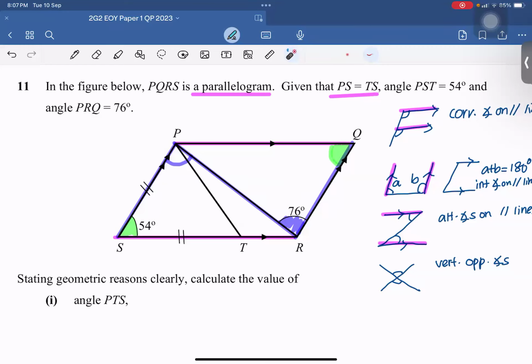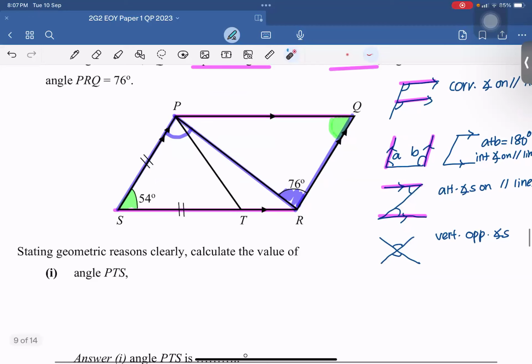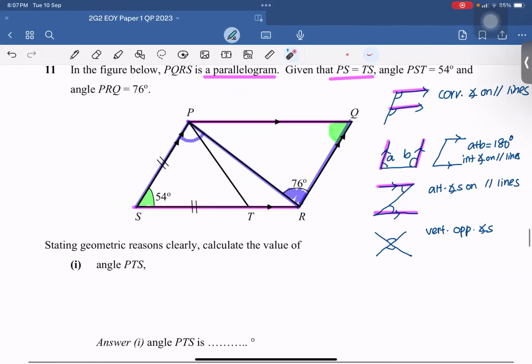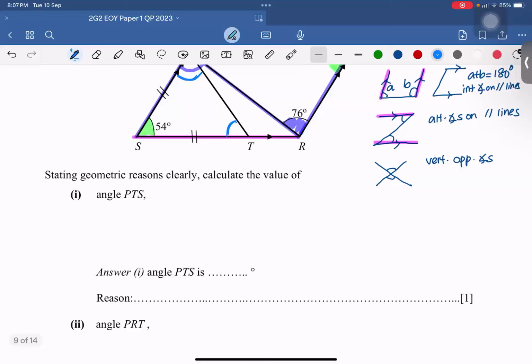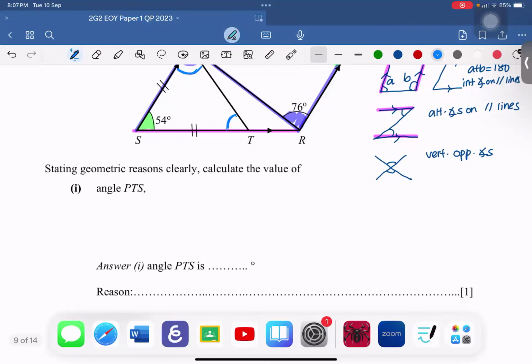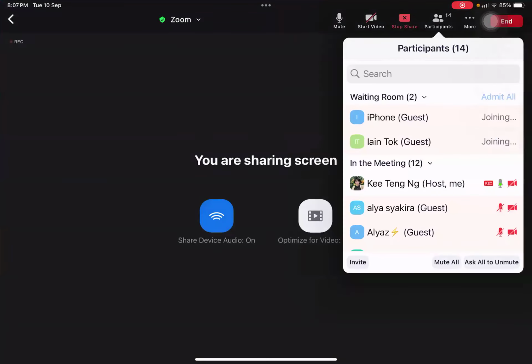Thank you. Isosceles triangle. Good try. At least you all try the answers. So now we know that it's isosceles. If it's isosceles, that means this angle and this angle are equal. So now the first part of the question, stating geometrical reasons, calculate the value of angle PTS.